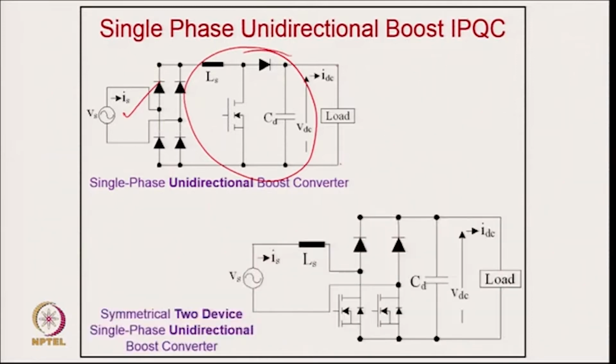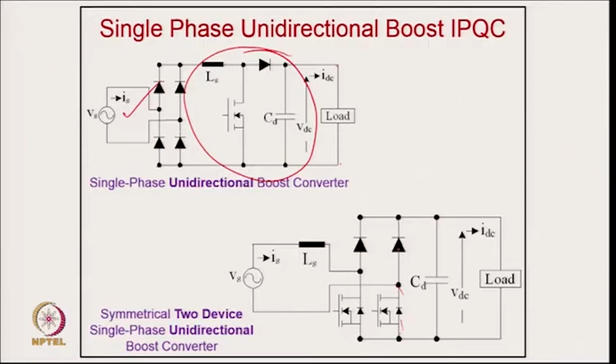Then another circuit, with 2 unidirectional devices, you can see here. This is also a power factor correction boost converter, but you can call it bridgeless. Bridgeless in the sense that in the positive half cycle it works as a boost converter: you are switching here, so the inductor stores the energy, and when you switch off, the current flows through the capacitor here and returns through this diode.